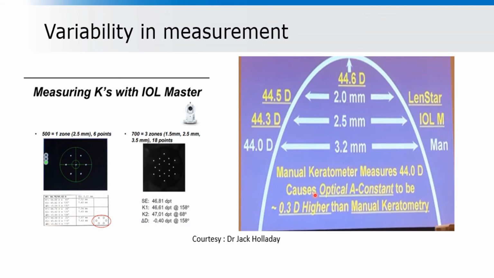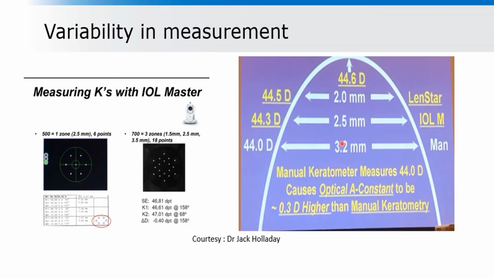On average, the patient's cornea is prolate in shape. That is, the patient has a steeper cornea in the center and a flatter cornea as we go into the periphery. When a manual keratometer is used, it measures around a ring of 3.2 to 3.0 millimeters of the cornea.